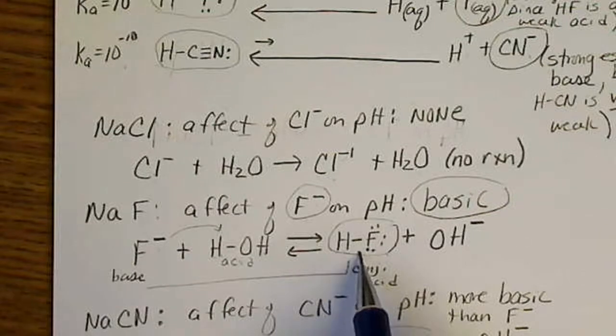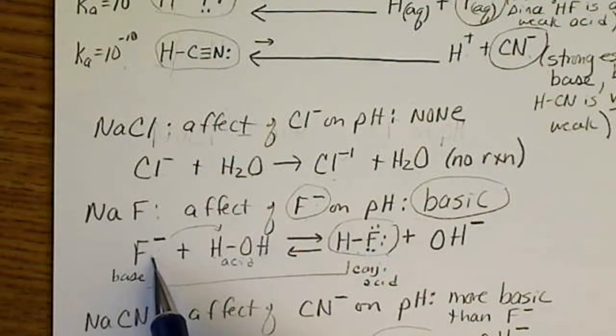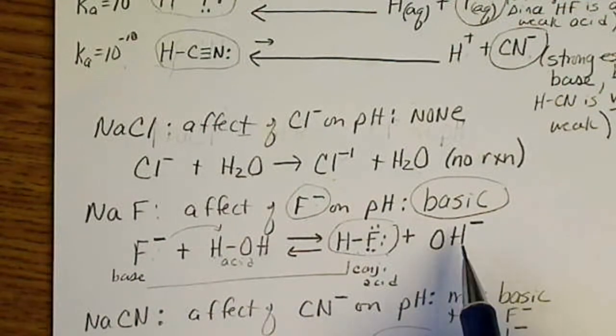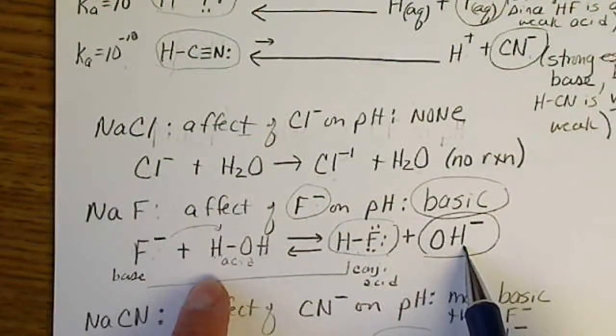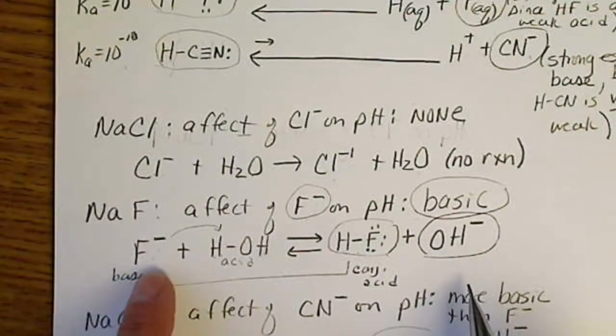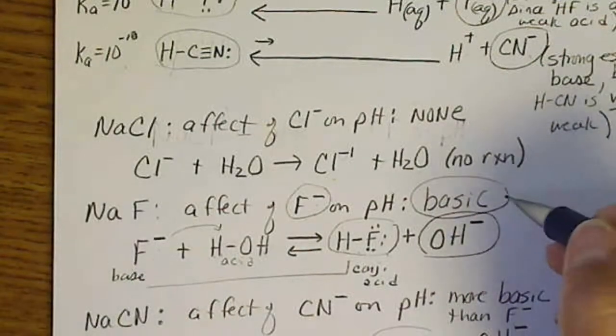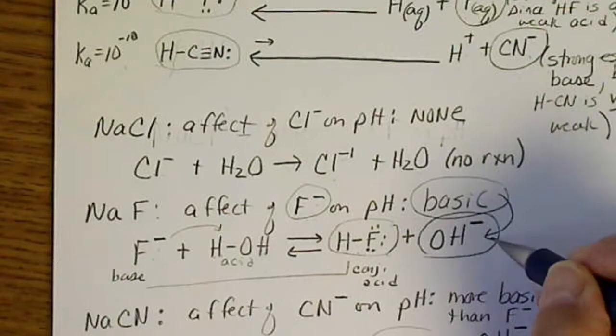This is not acidic. This is just a molecule. So the conjugate base of a weak acid is going to leave behind a hydroxide. This actually came from the water molecule. So the conjugate base of a weak acid is always going to make the solution basic.